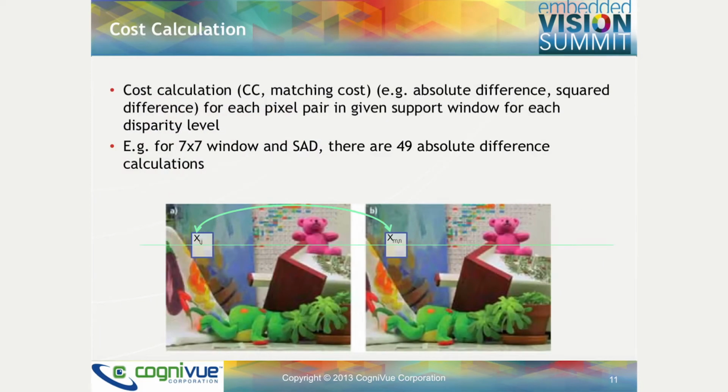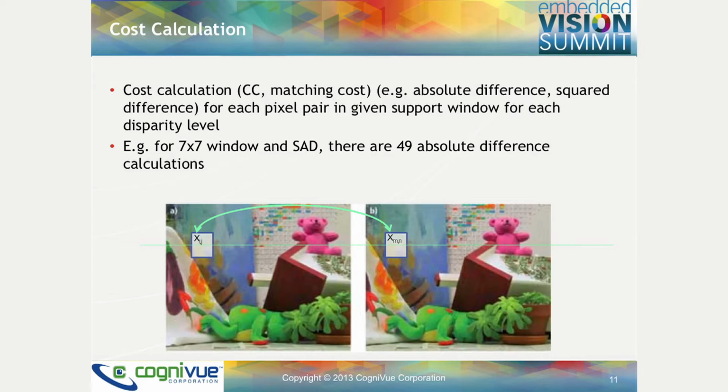So cost calculation, for example, is the correlation that you do between the pixel in the reference frame and the pixel in the test frame. And the cost calculation is for the support window. Common correlations are absolute difference or square difference, or there are different kinds of normalized correlations you can use. But let's just use absolute difference.